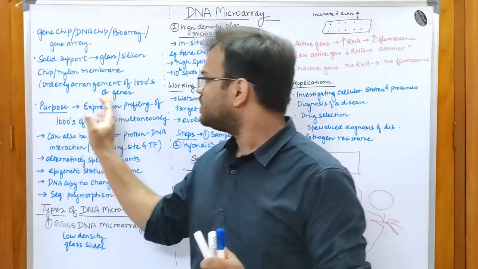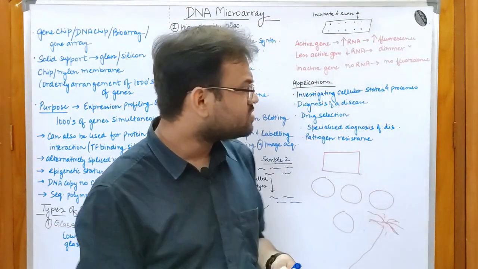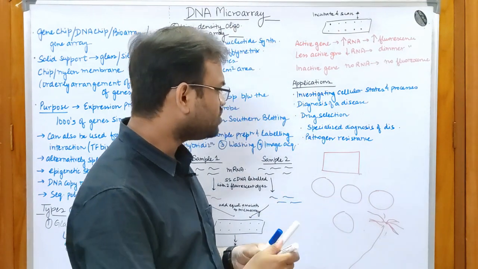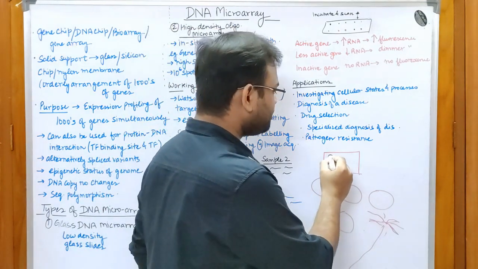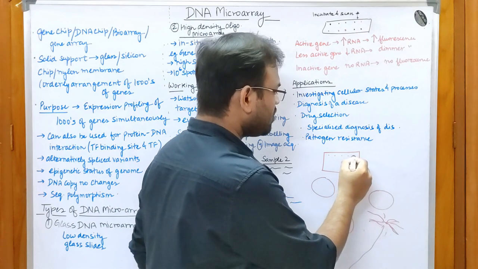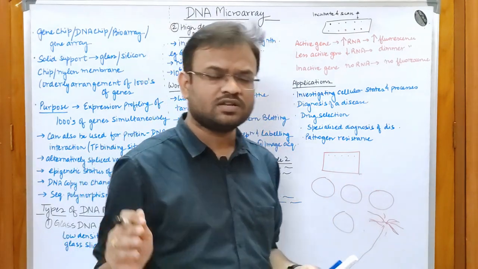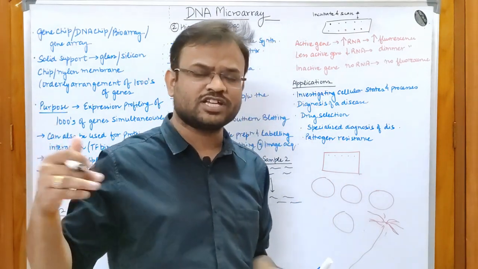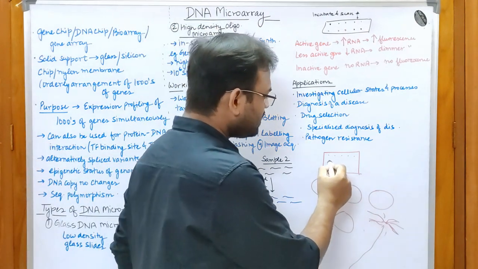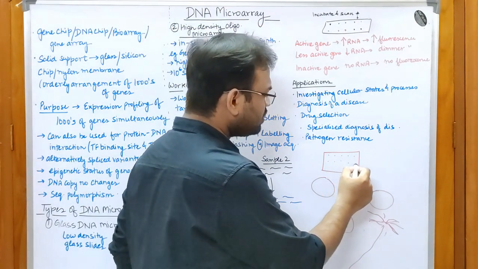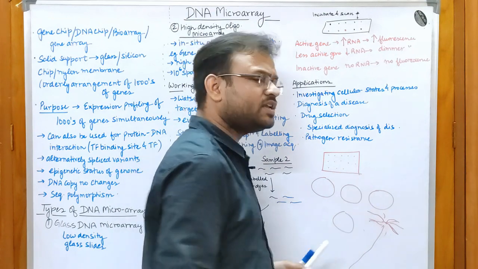Now depending upon what we are working on, suppose I'm working on liver, I will attach thousands of genes. Suppose liver has thousands of genes that are expressed in it. So I will attach all those genes on this very small chip.